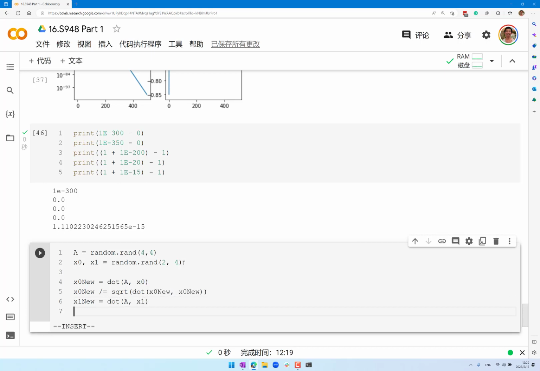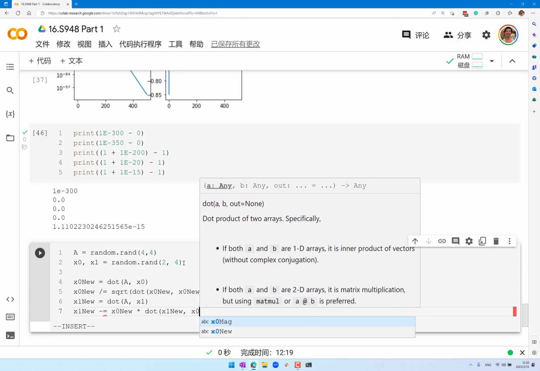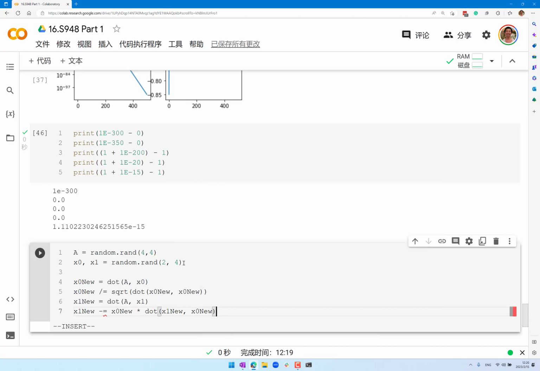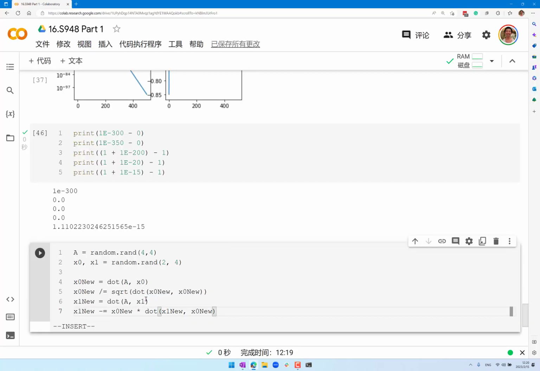But before I normalize it, I want to orthogonalize it. So x1 new minus-equals x0 new times the dot product of x1 new and x0 new. Because x0 new is already a unit vector, this dot product is what is needed to make x1 new orthogonal to x0 new.